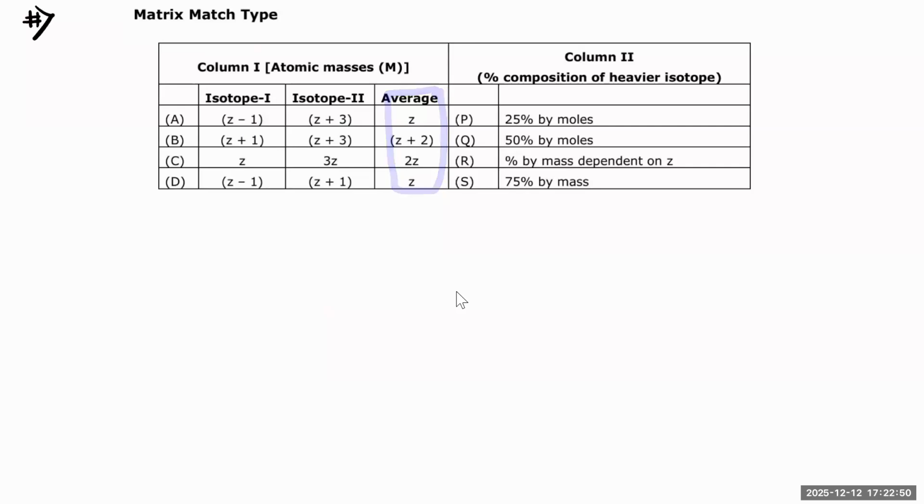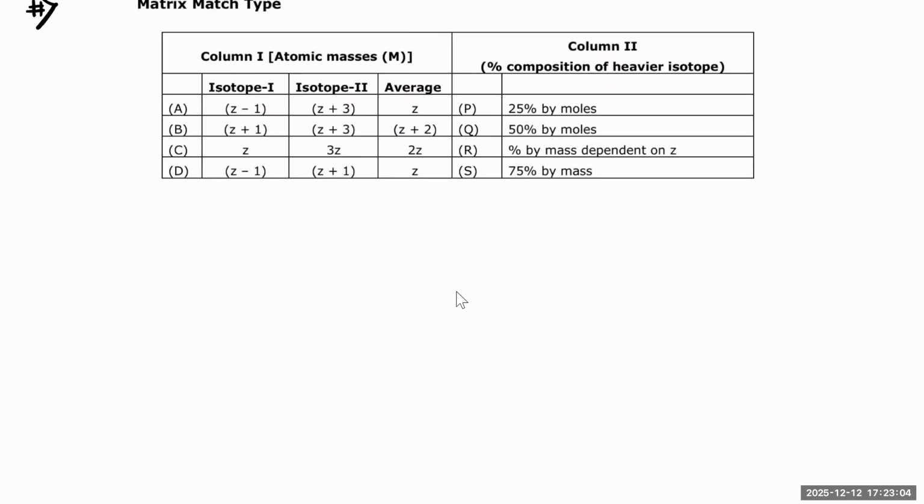Average is already given, and from there you need to refer which percentage is more appropriate here, and which percentage represents a correct value. Let's go with A first. Here the value is given as Z minus 1 and Z plus 3. Isotope 1 has Z minus 1 and isotope 2 has Z plus 3.